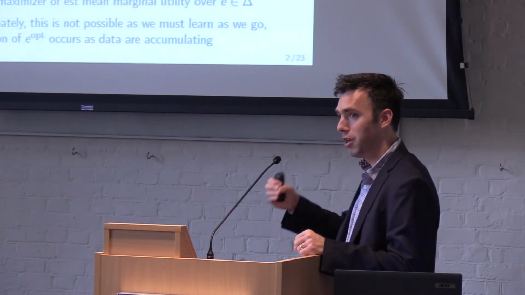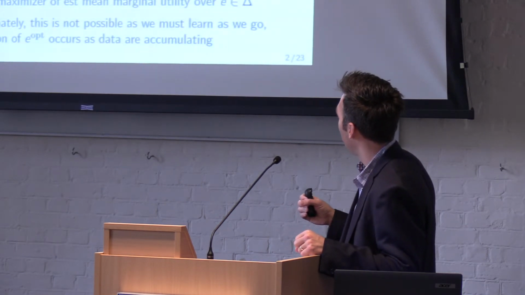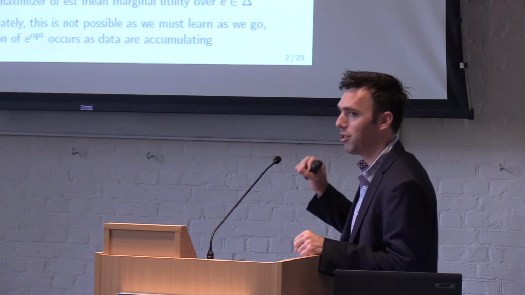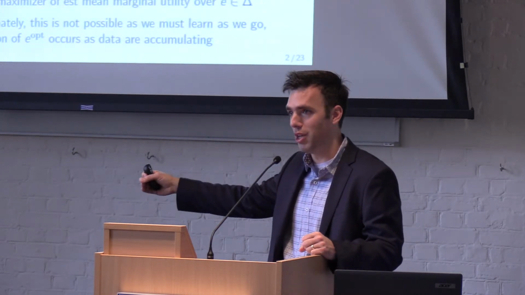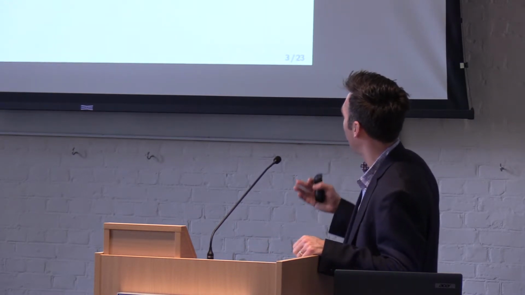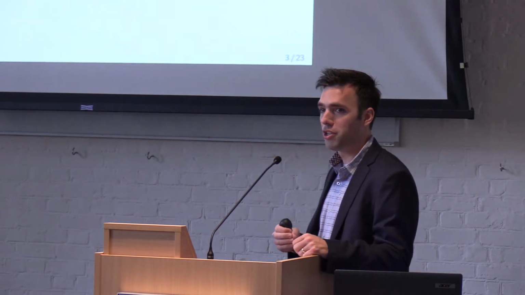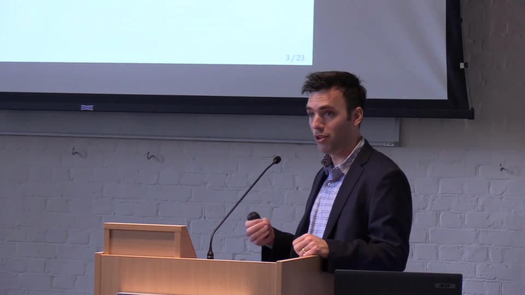We have to learn as we go. So what you do is you have to somehow choose which E you're going to follow at every time point, and the hope is that eventually you get closer to the optimum. So this is a schematic for kind of what we're stuck doing. Early on at S1, you might not know very much about the system, and you also have hardly any data.